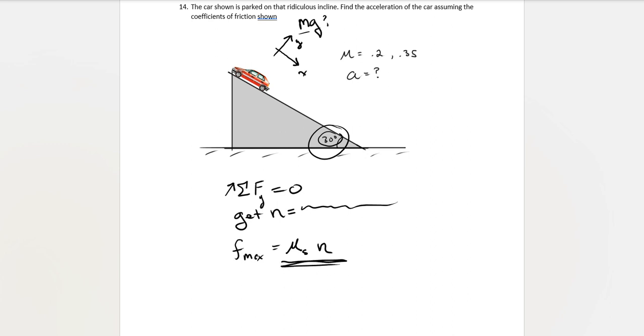And then compare it to the gravitational force component that is in this direction. And I'll go ahead and give you a little bit on this. The component of the mg in the x direction, if you have your free body correct, should be equal to mg sine 30 degrees.